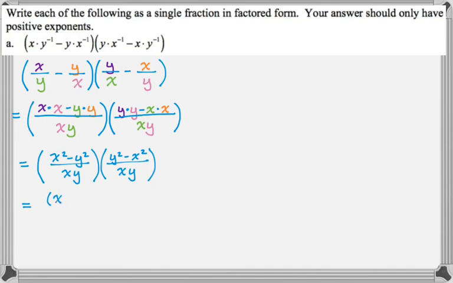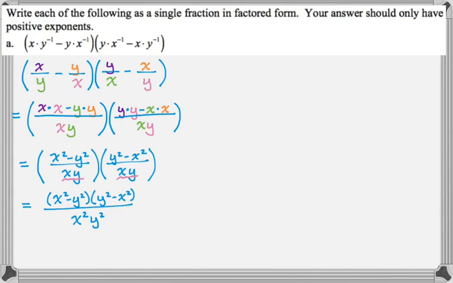I'm just going to keep the x squared minus y squared, times y squared minus x squared. And I'm trying to write this all as one fraction. So I see xy here and xy here, and I'm multiplying, so I actually multiply those. So it's going to be x squared y squared. All right, pretty simple.